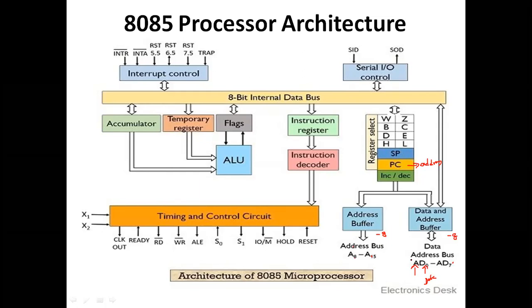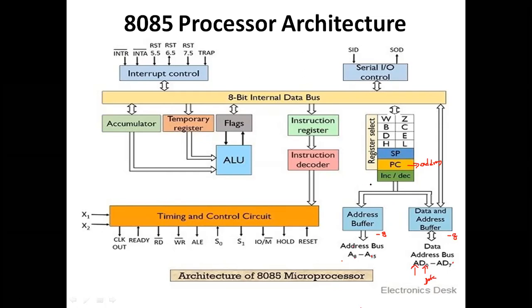Anyhow, at a time only the address or only the data is transferred. That's the reason we have the multiplexed address and data bus buffers. Multiplexed in the sense that address and data bus share the lines. So here the address is going to be sent over.